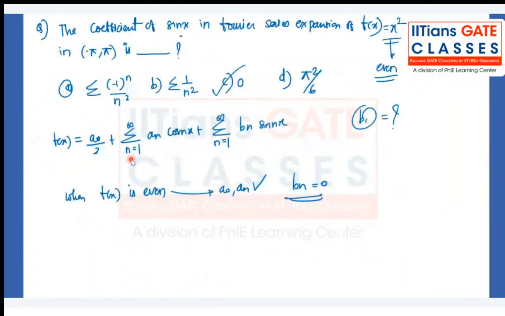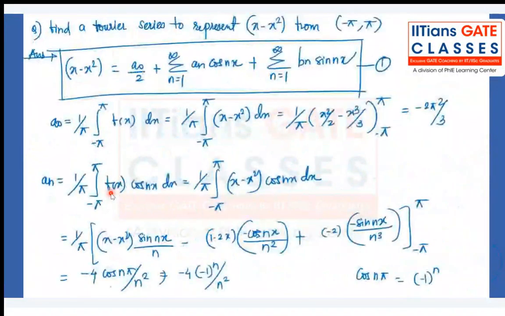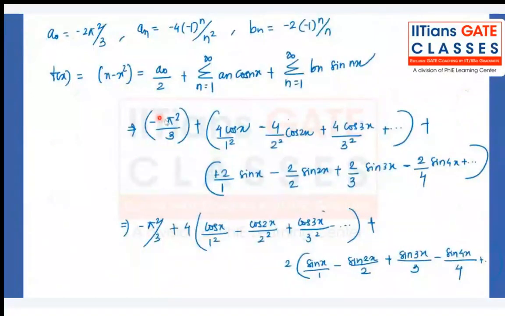Look at the previous solutions, what we have done. What was the a naught in this case? A naught was minus 2 pi square by 3. Here, is x there? No, right? So look at this, only this term is without x. In the rest of all the terms, you have the x.